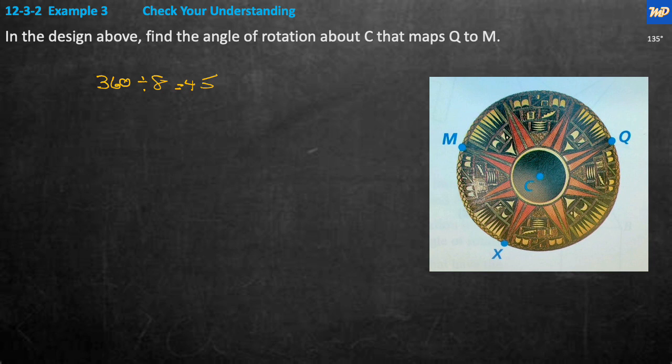So we're going to go from Q on to 3 to M. So 45 plus 45 is 90, right? Plus another 45 is what? So 45 times 3 is equal to 135 degrees. So from here around is 135 degrees.